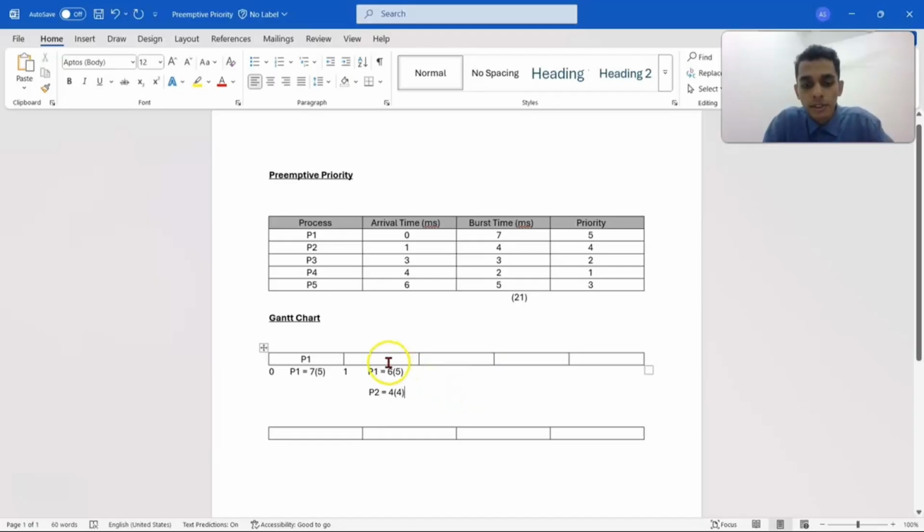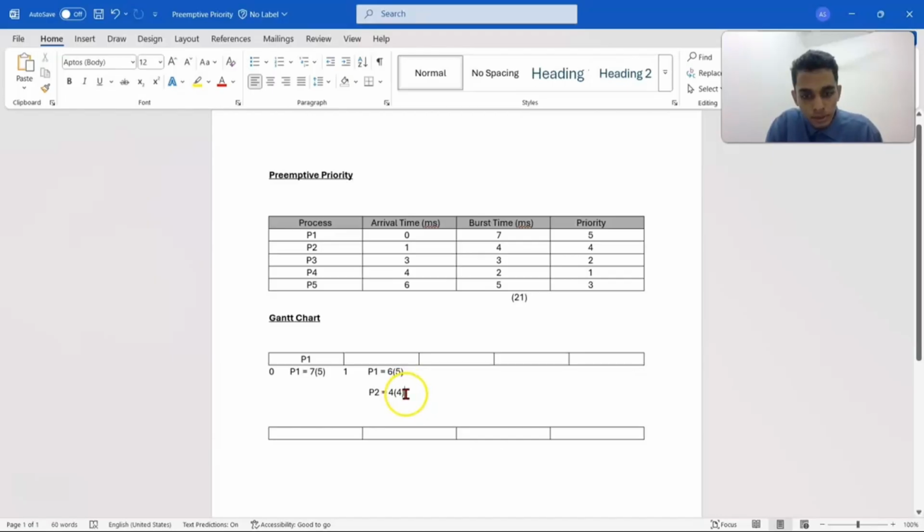And now we have to decide which of these in the ready queue has the highest priority, because in preemptive priority, the higher the priority, the earlier the process will be executed. And you can see here, P2 has the higher priority at 4 compared to P1.